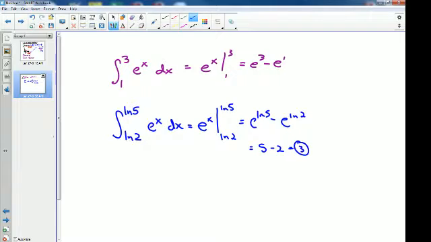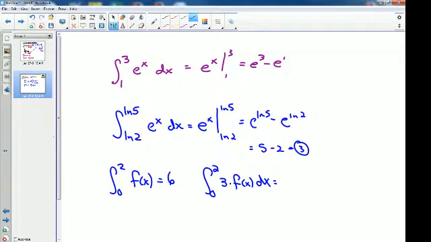What if, here's something you might run into. If that is true, calculate the value of... So the integral from 0 to 2 of f of x is 6.